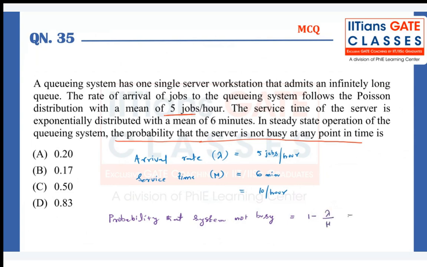So go to our formula so that you will be able to find 1 minus 5 divided by 10, such that it is going to be 10 minus 5 divided by 10, such that it is going to be 5 by 10, such that it is going to be 0.50. So there is a 50% chance the system is not busy.